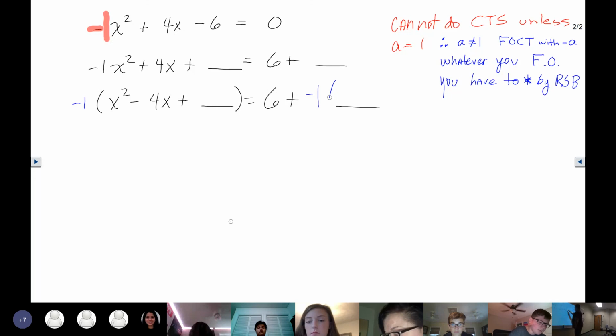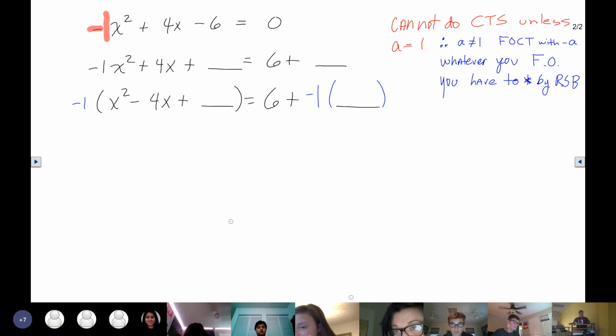So whatever you factor out, you got to multiply by that right side blank. Now, if I showed you the traditional way of completing the square, you would see why. But since I'm not showing you the traditional way, I'm not going to go into that. Okay?